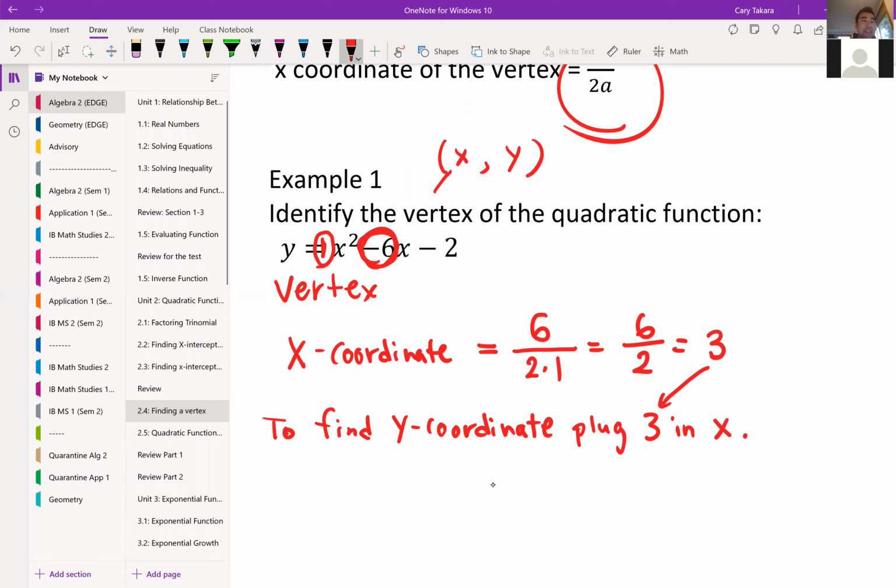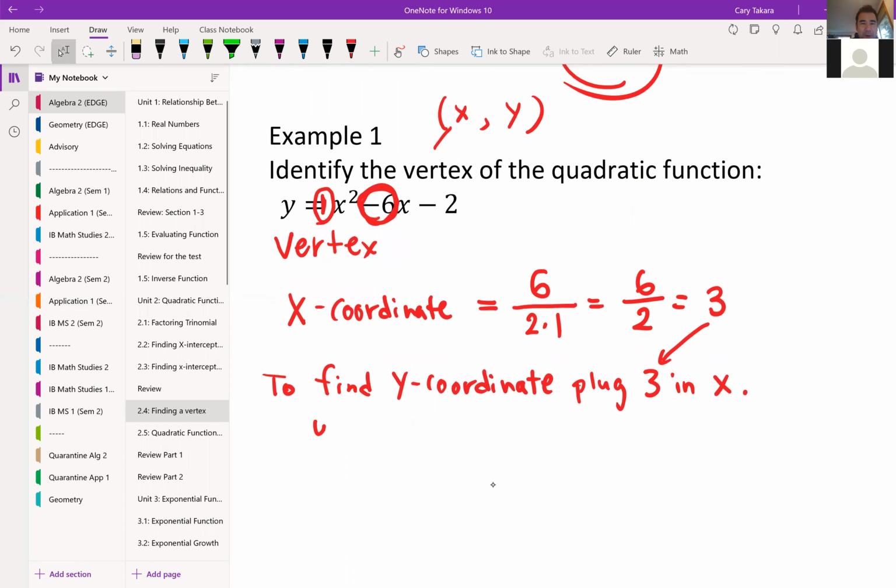Then you can figure out what the y value is when x is 3. Does that make sense? So let's try that. We've got y equals, we're going to plug 3 into all the x's. So 3 squared minus 6 times 3 minus 2. And that value is going to give you the y coordinate when, again, x is 3.